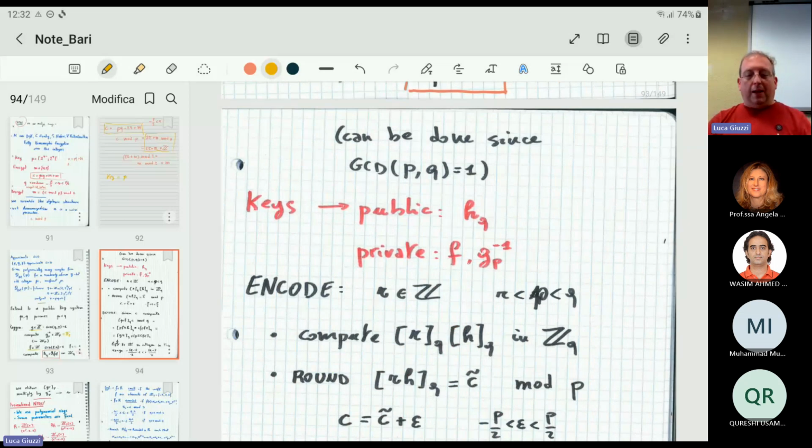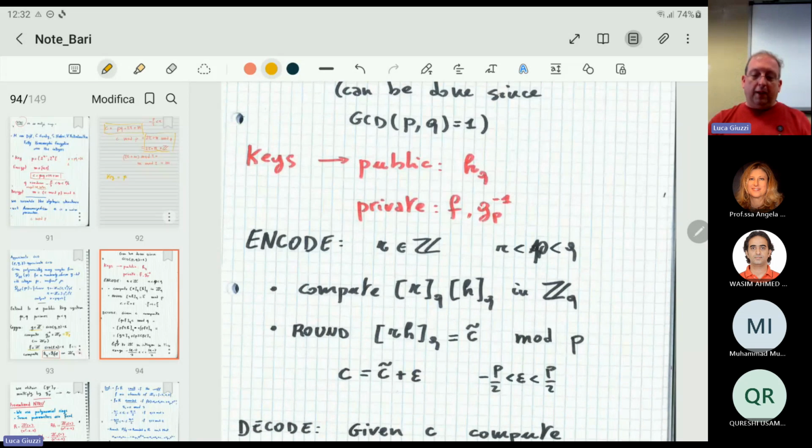Encoding. We pick R, an integer, and we assume it to be smaller than P and Q. And then we compute the residue class mod Q of R times H in ZQ. So this is something we can do.